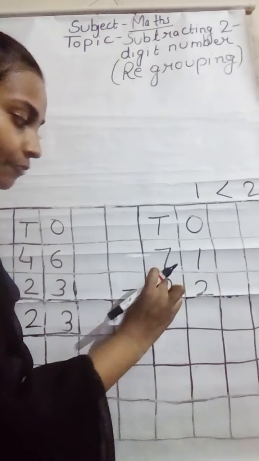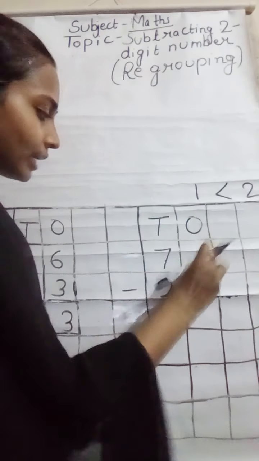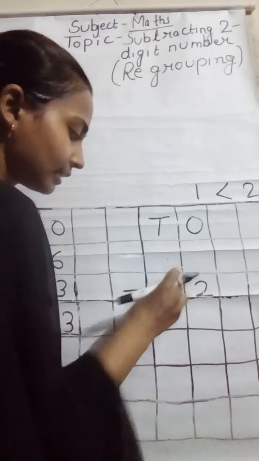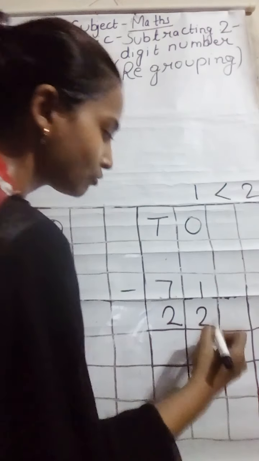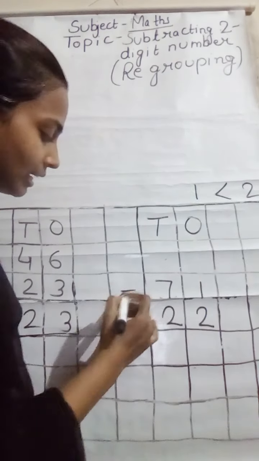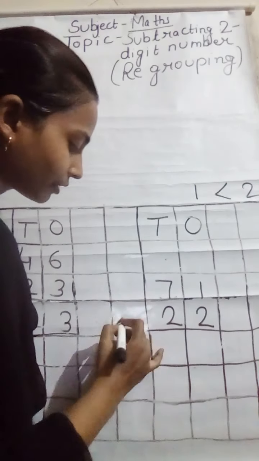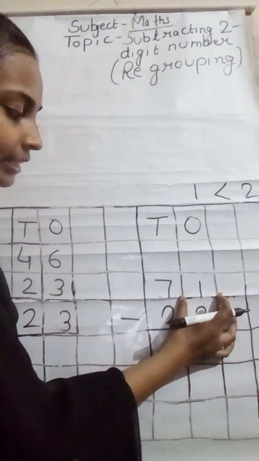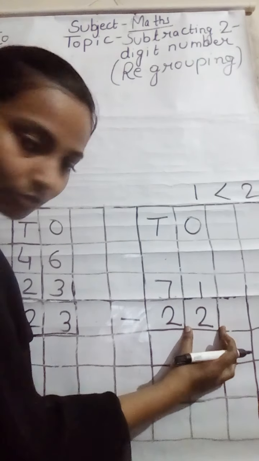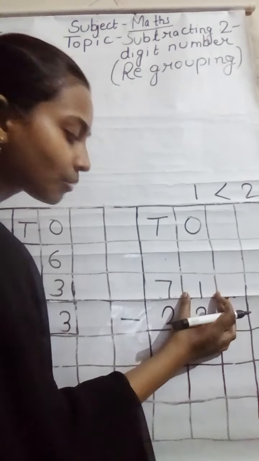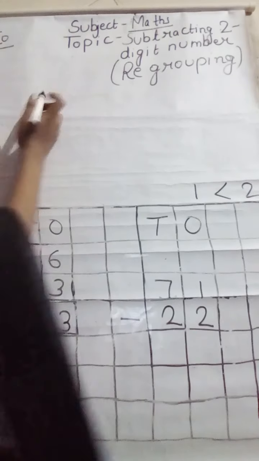Now let's see here. If we take a borrow of 1, we have to make 71 and 22. Leave this column for the borrowed number. So here is 1 ten and 2 ones, sorry, 1 one and 2 ones. So how do we take a borrow from 7 tens?